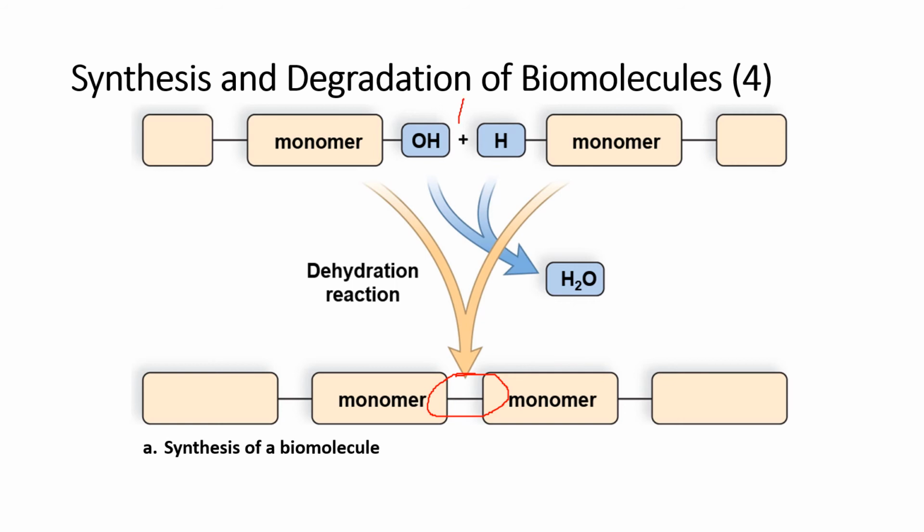So there's space between those monomers before the reaction, and after there is that covalent bond. So this is dehydration synthesis. Here's the dehydration part. Here's the synthesis. We made this bond.